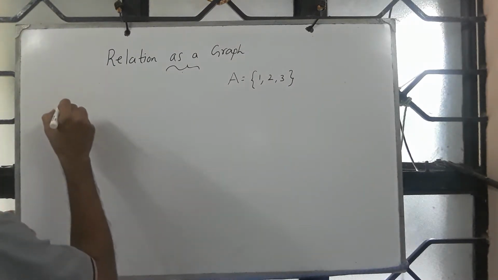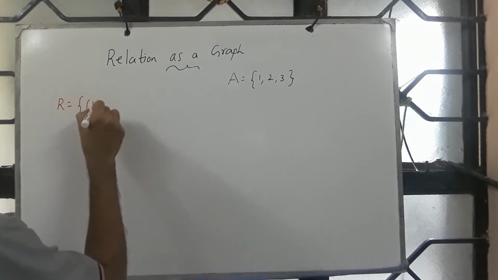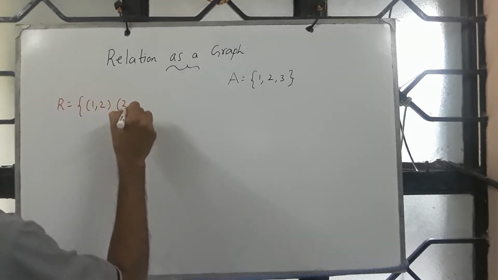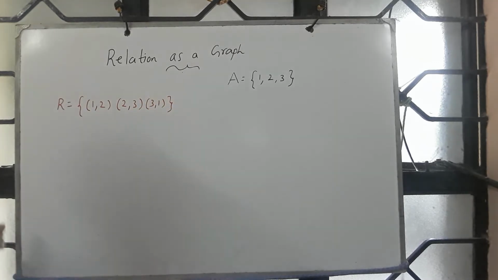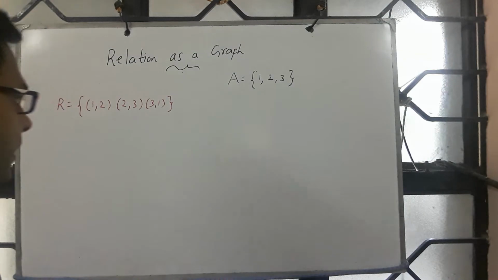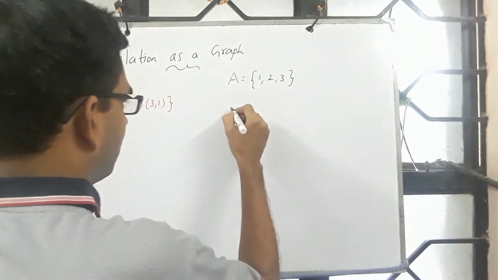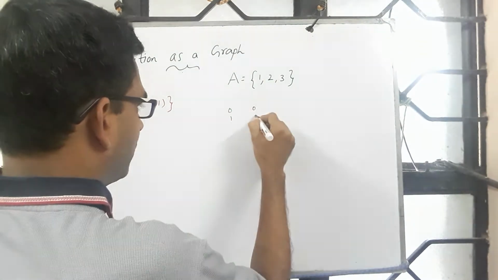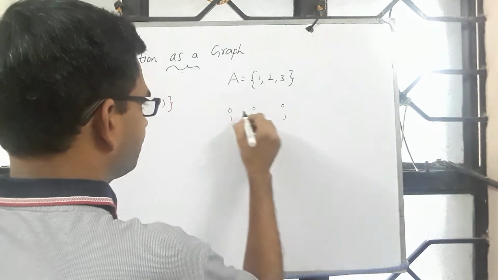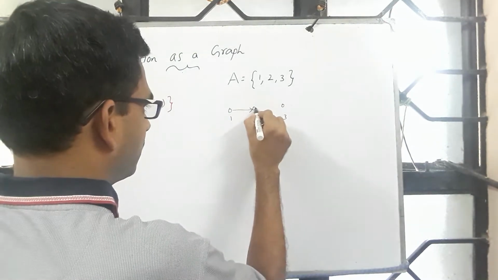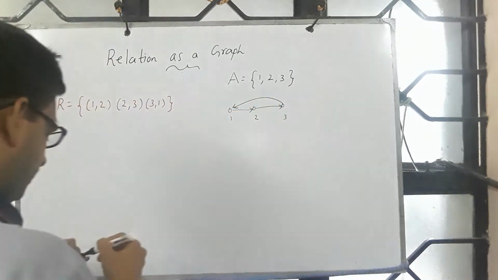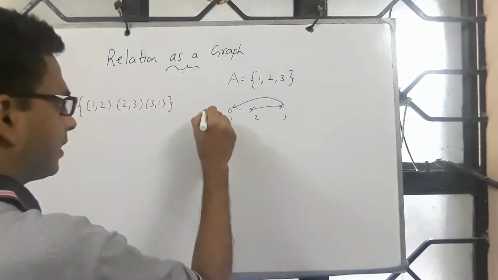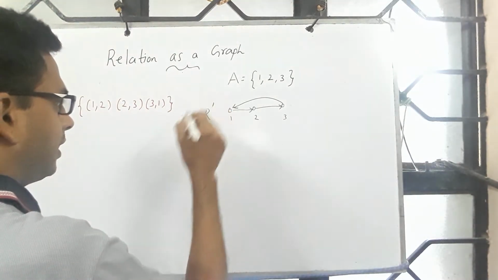So when we looked at a relation like {(1, 2), (2, 3), (3, 1)}, the underlying graph would be: you have a node for 1, 2 and 3, from 1 to 2 there is an arc, from 2 to 3 there is an arc, and from 3 to 1 there is an arc. So this is our R, or R power 1.